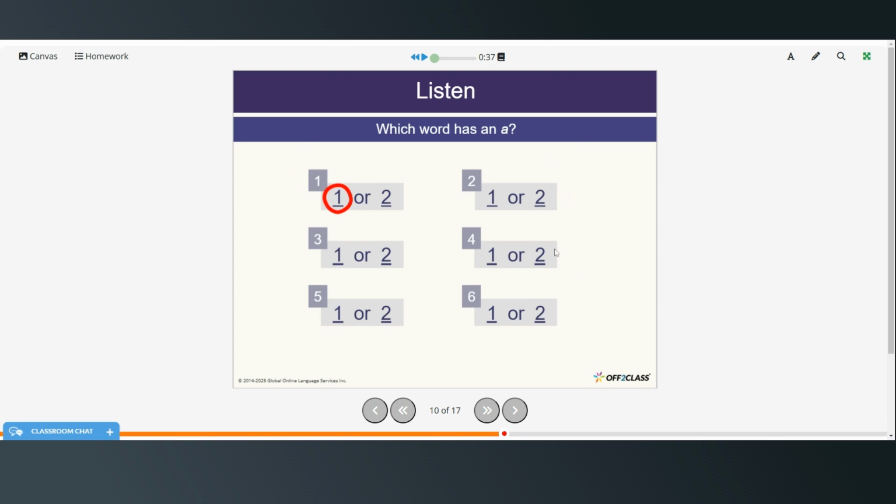All right, again, you're going to be listening whether it's word one or word two that has the A. Bat, bet. Cut, cat. Mat, met.